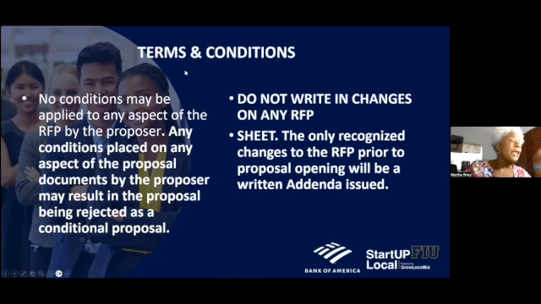That is usually in the terms and conditions. Again, you cannot make any changes on any RFP. That's why in the beginning they have an open question period. They always have open questions, and then they close that window.